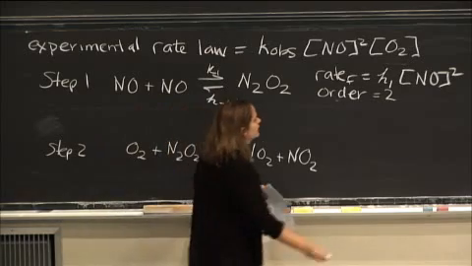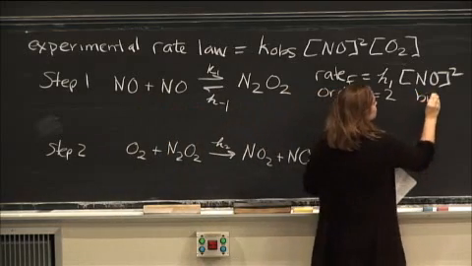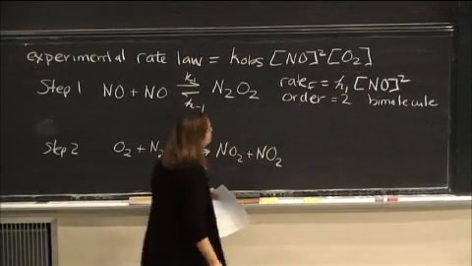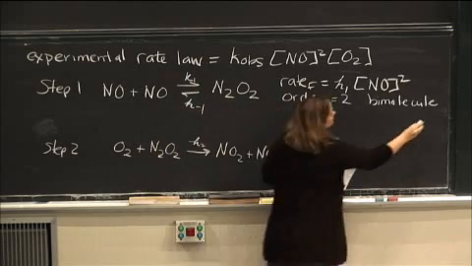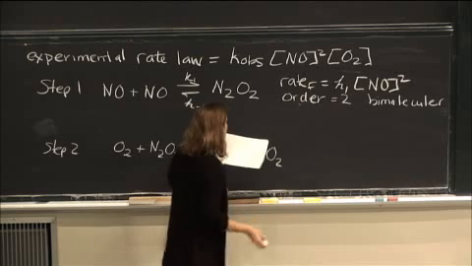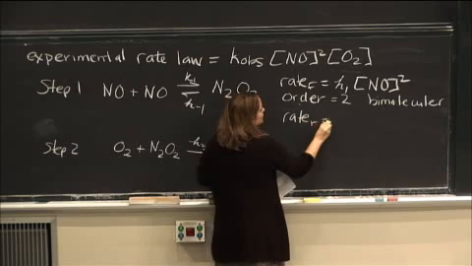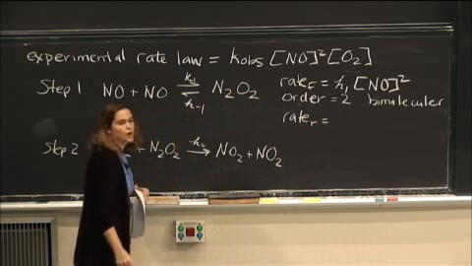It would be bimolecular. So we're just getting you used to some of these terms. All right, so then for the reverse direction, the rate of the reverse direction would be equal to what rate constant?